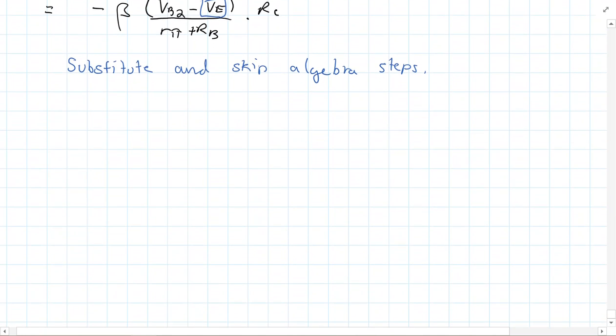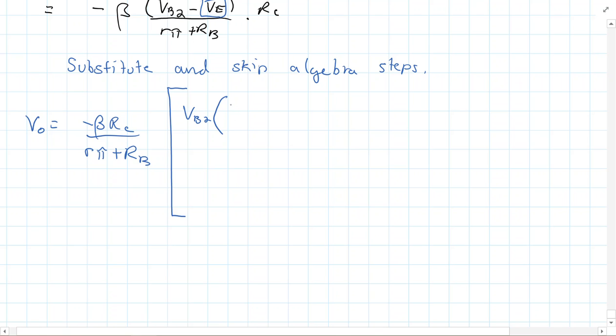If we do that, the result is that V out is equal to minus beta RC over R pi plus RB times VB2 times 1 plus R pi plus RB over 1 plus beta RO, minus VB1.